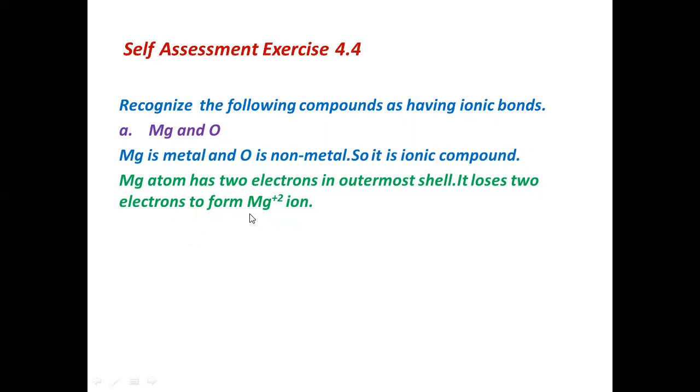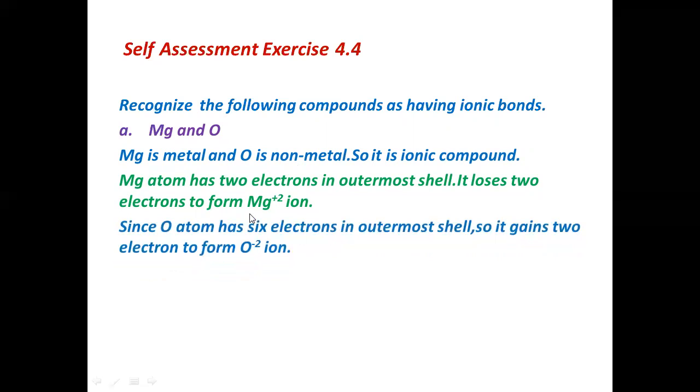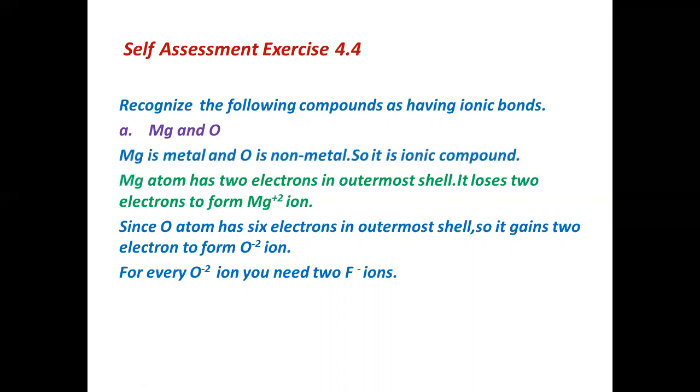Magnesium atom has two electrons in the outermost shell, and oxygen has six electrons in the outermost shell. So magnesium will lose two electrons and form cation, and oxygen will gain two electrons and form anion. Then the cation and anion will attract each other with the force which is called ionic bond or electrostatic bond.